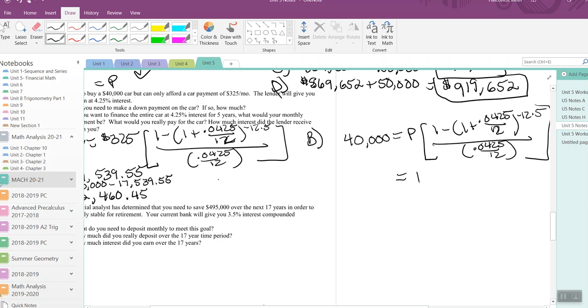So you divide, and you get that the monthly payment would be $741.18. So that's your monthly payment.